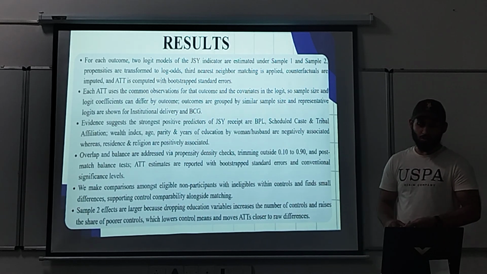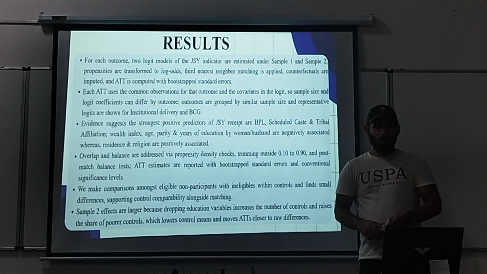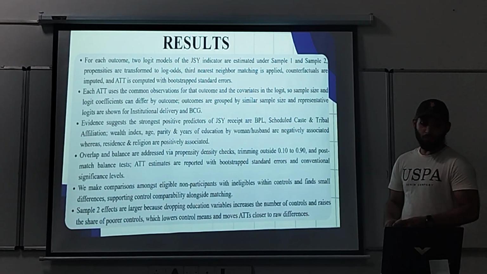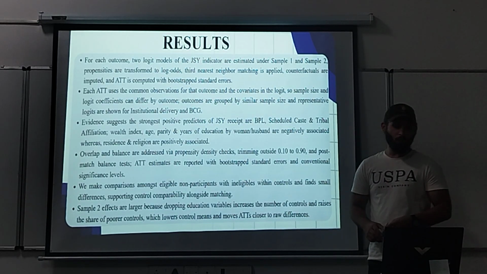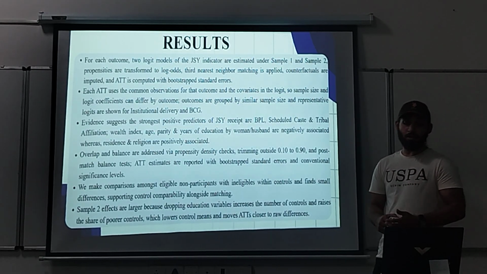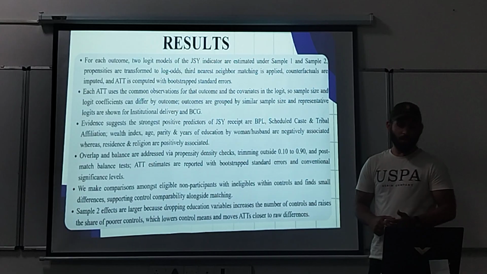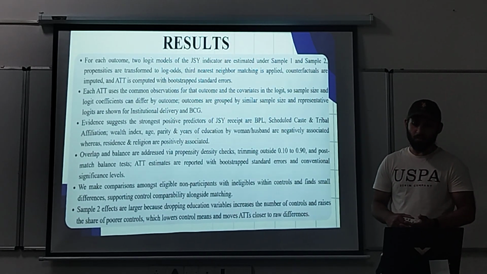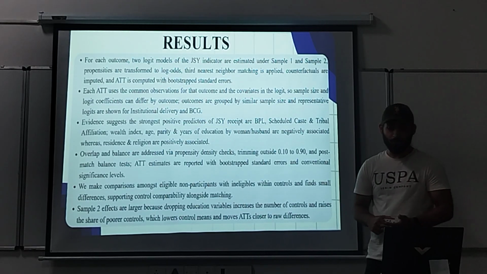While residence and religion show positive associations, to ensure validity, we address overlap and balance using propensity density checks, trimming observations with the propensity score outside the range of 10% to 90%, and conducting post-matching balance tests. Average treatment effect on the treated estimates are reported with bootstrap standard errors and conventional significance levels.